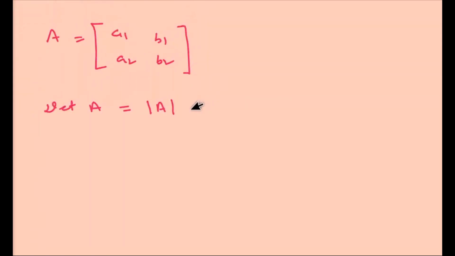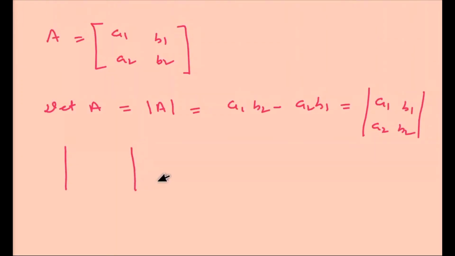Then it is equal to A1 B2 minus A2 B1, and these two parallel lines are the symbol for determinant.